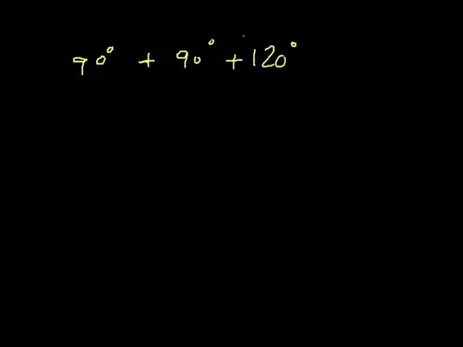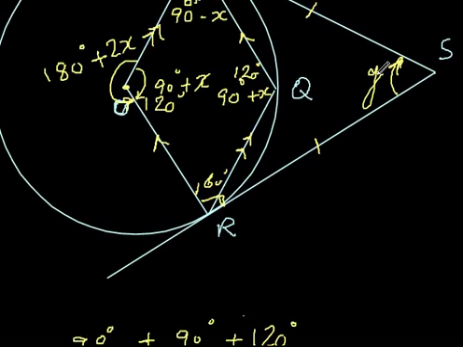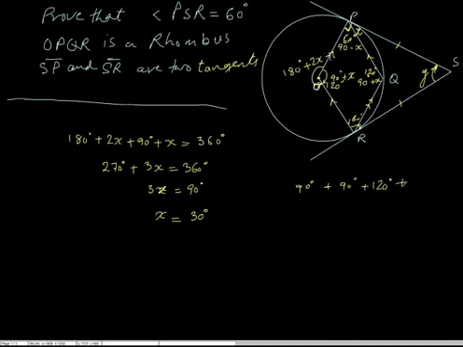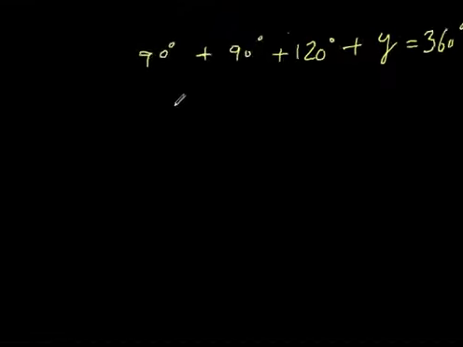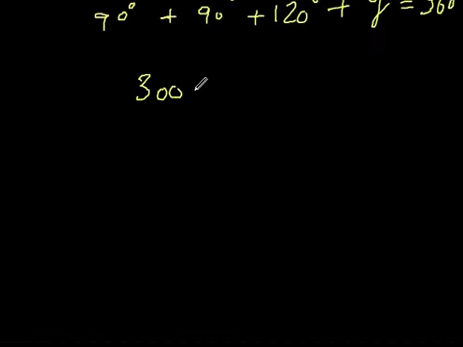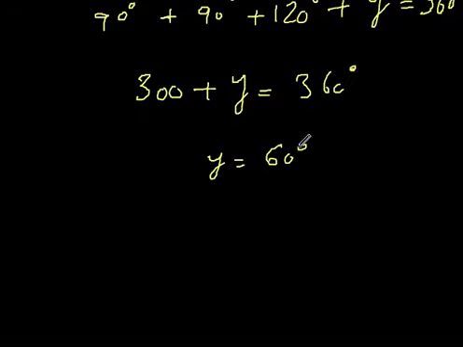Let's call this angle y. Add y should make 360 degrees, right? So 90, 90 and 120 make 300. So 300 plus y is equal to 360, which means y is 360 take away 300, so y is 60 degrees. And that's what we needed to prove.